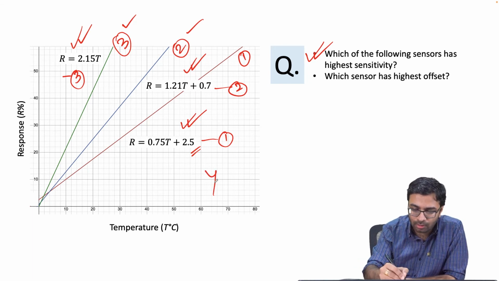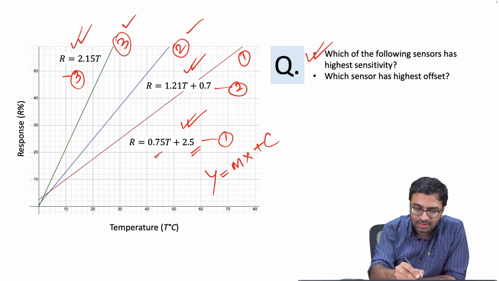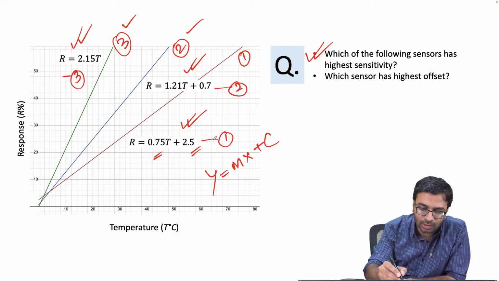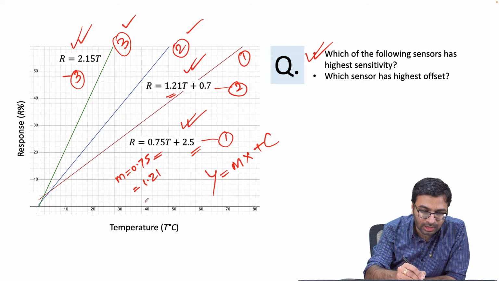So again, if you just compare these equations with y equal to mx plus c, then the value of m for the first sensor is 0.75, for the second sensor is 1.21, for the third sensor is 2.15.